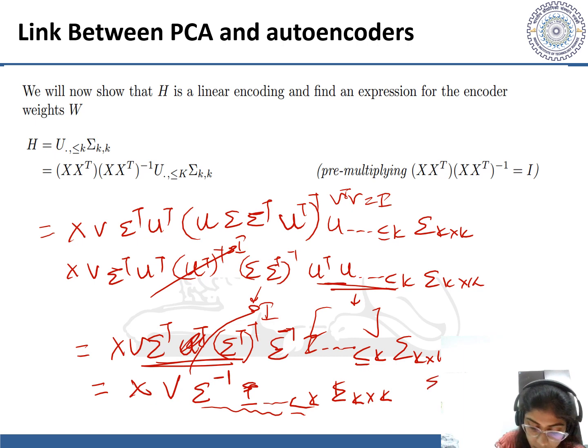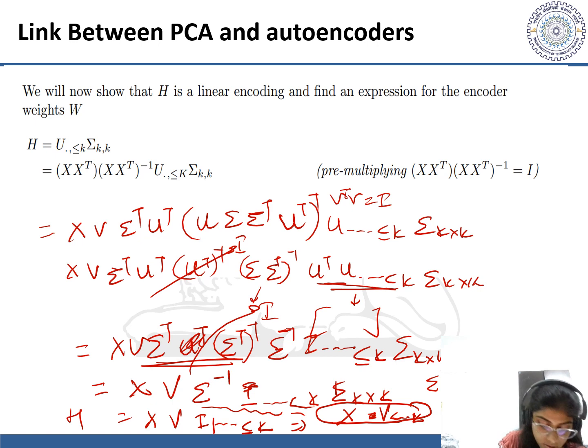This is sigma inverse first k columns, k rows, and this is k cross k. I get I less than equal to k, which is x into the first k rows of v, which is h. Hence proved that H is a linear transformation.